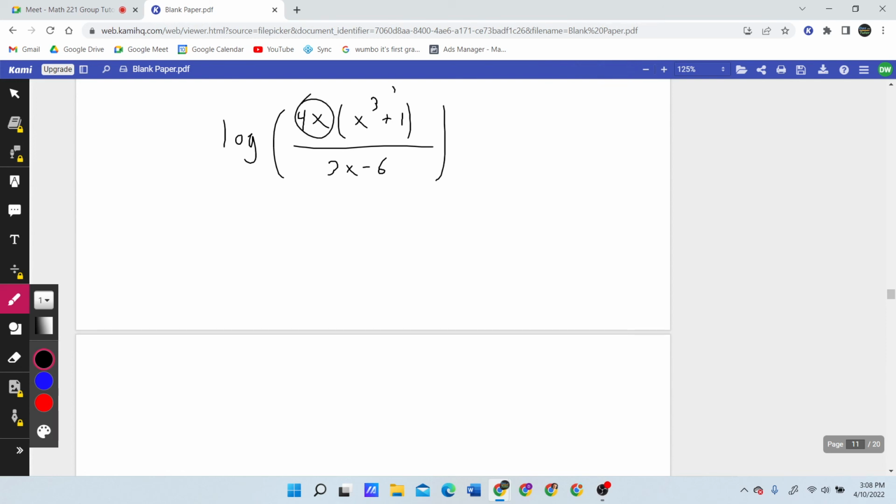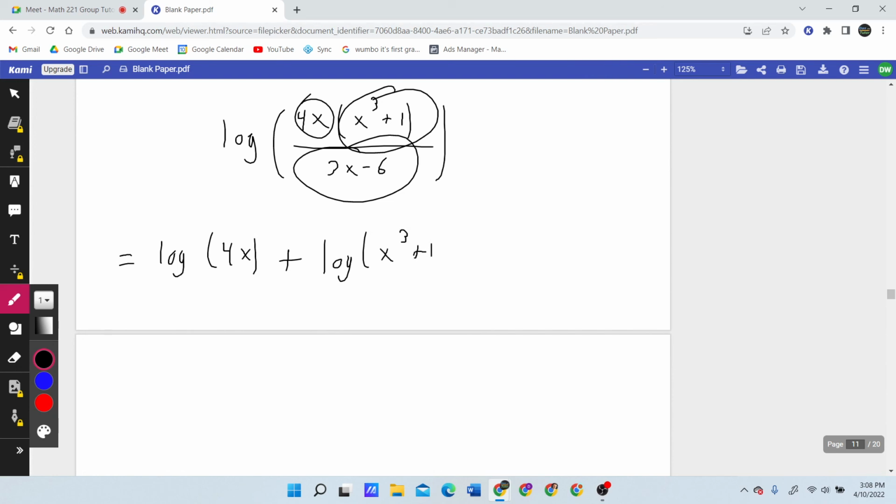I've got 4x and I've got the x cubed plus 1, and then I have one thing in the denominator. So immediately I'm going to say this is equal to the log of 4x plus log of x cubed plus 1, and then minus log of 3x minus 6. And again, this is true because multiplication became addition and division became subtraction.